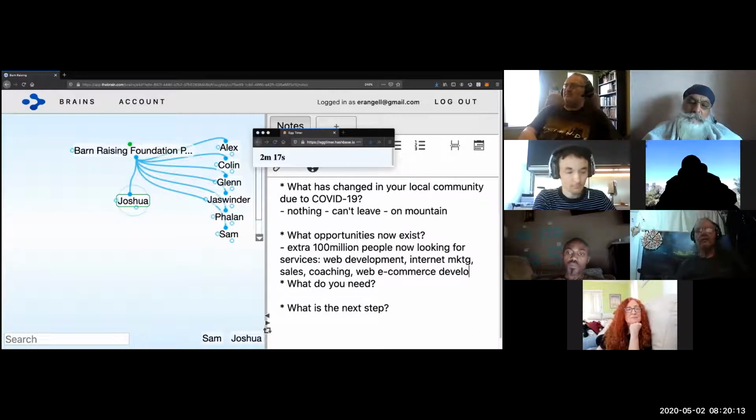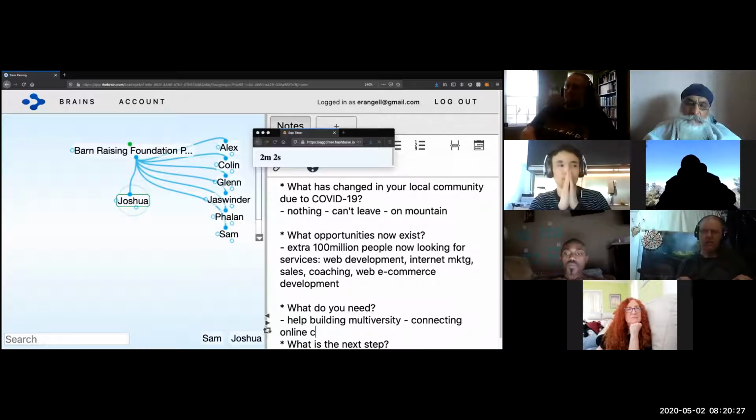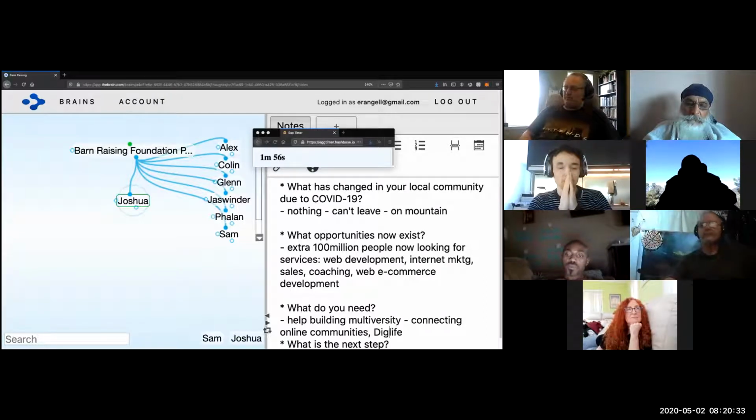So what do I need? I need help in building a multiversity, connecting all of the online communities, such as the GCC, Dig Life, Open Commons.